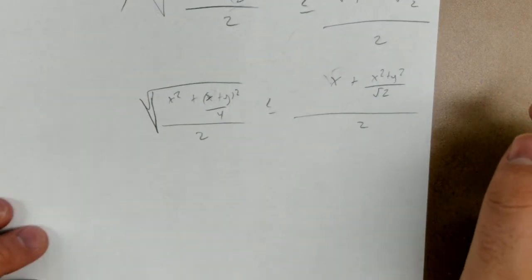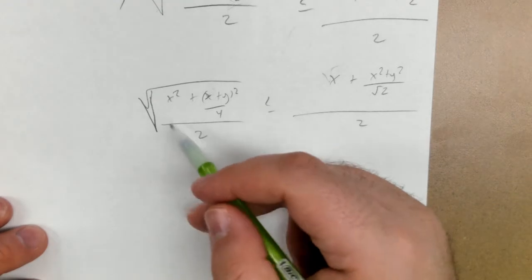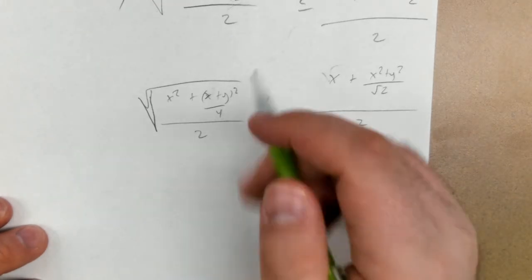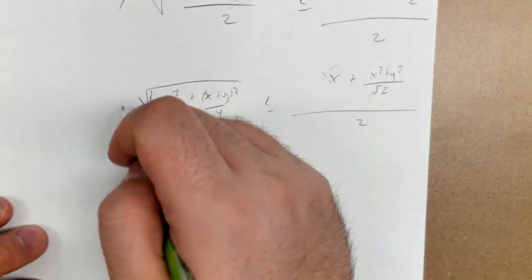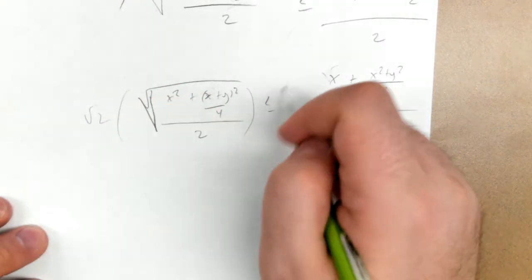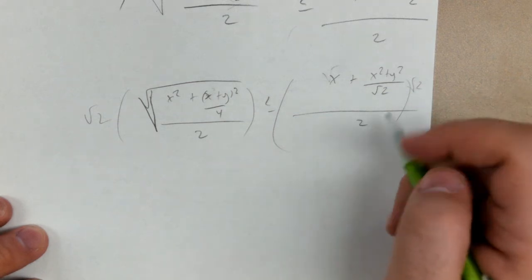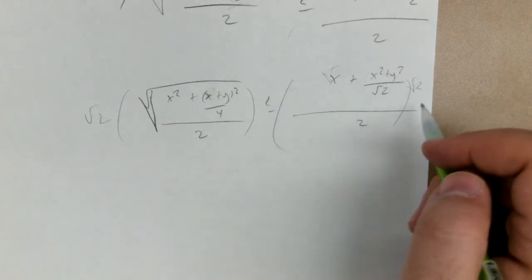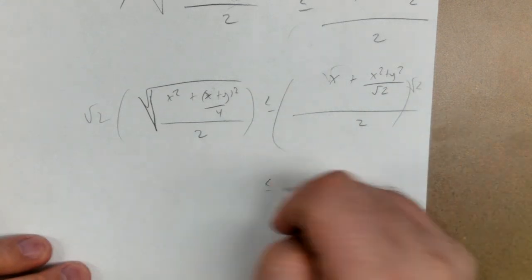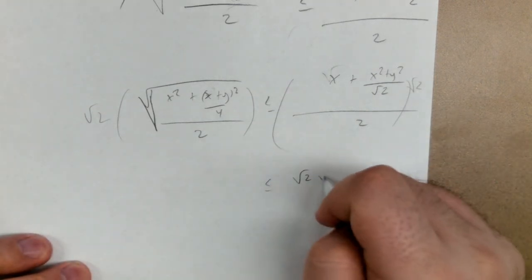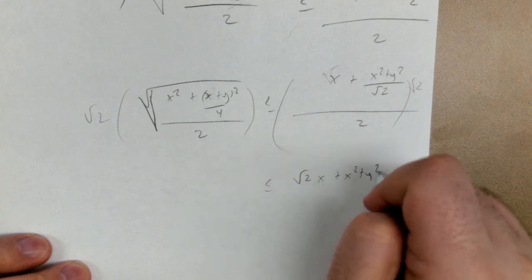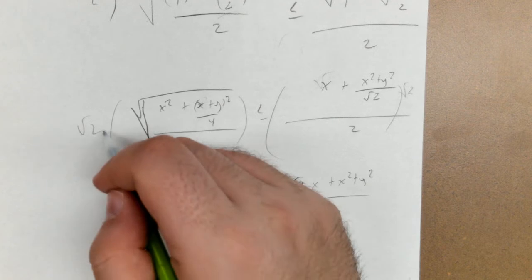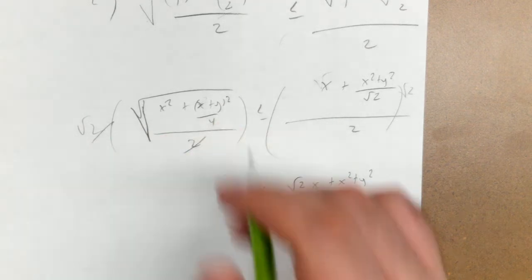And now I want to get rid of, if you think about that, root 4 is really a 2, and there's a root 2 on the bottom. So let's just multiply both sides by root 2 to start. Okay, so forget about the 2 on the bottom here. This side would be root 2 x plus x squared plus y squared all over 2. And then this side, let's get rid of the root 2.